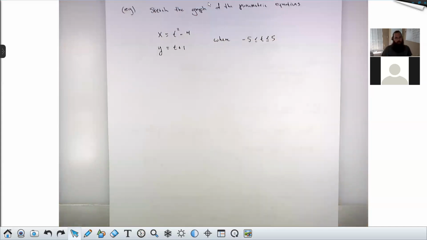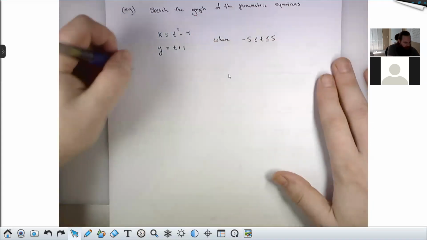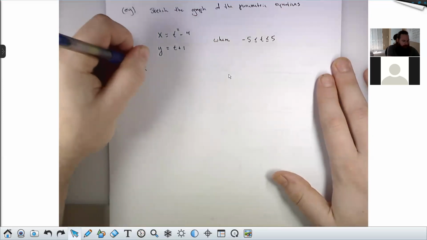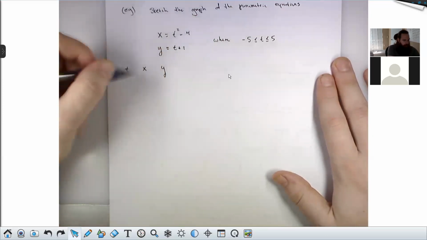So the idea is I can figure out x values by plugging t's in here, and I figure out the y value associated with that x by plugging that same t in here. So separate equations for x and y, but the same sort of thing that you're used to from algebra, and if you don't know what else to do, you make a table. So I'll have a t, an x, and a y in my table.